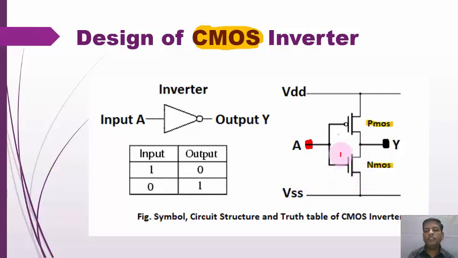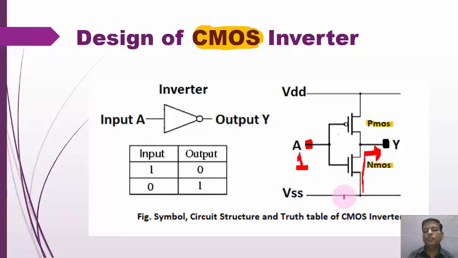The NMOS functions exactly oppositely. If one input is applied to the gate of NMOS, the NMOS is functionally operated, meaning the supply present is carried towards the Y terminal, and current flows.